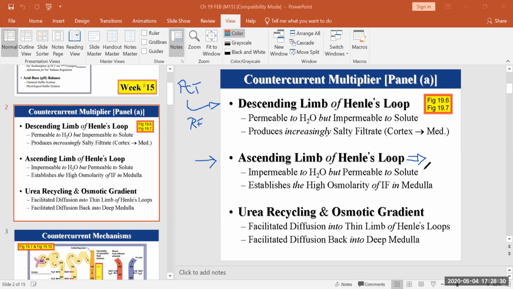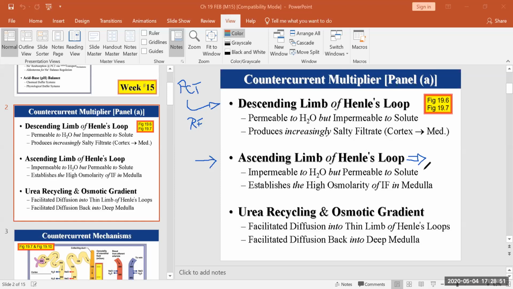And this is the part that contributes to creating that osmolarity: the ascending limb consumes ATP, consumes cellular energy to kick out sodium, chloride, and potassium.